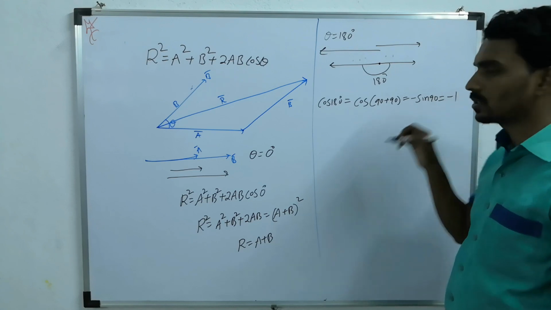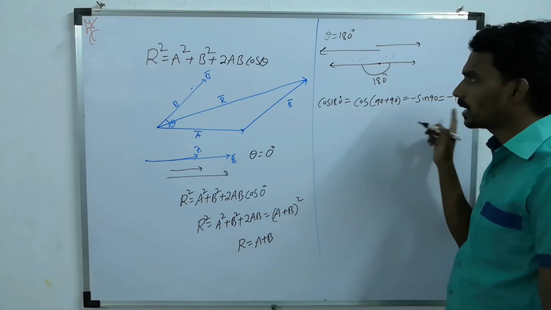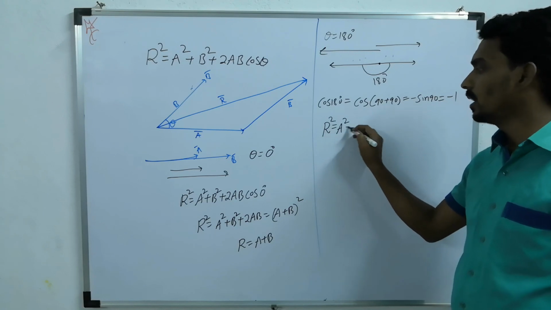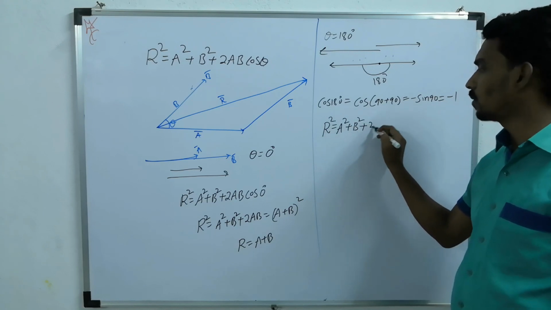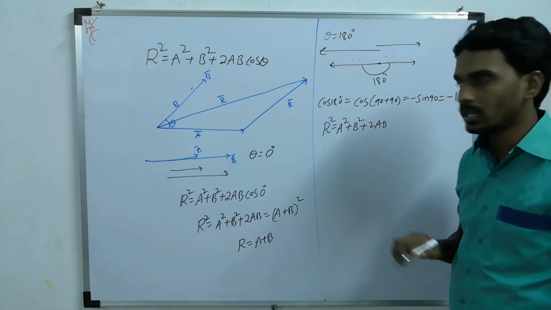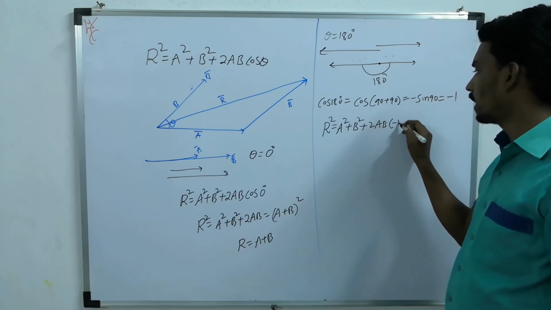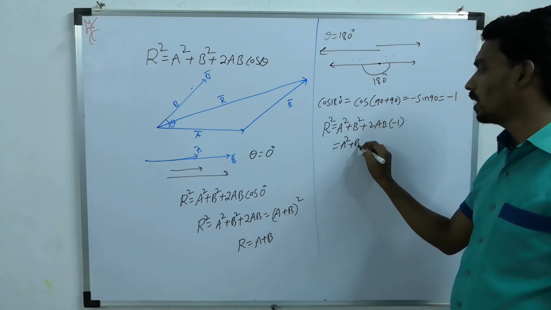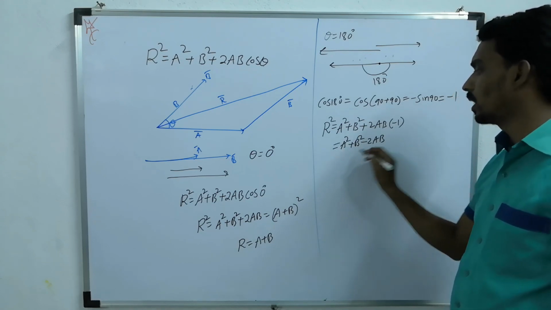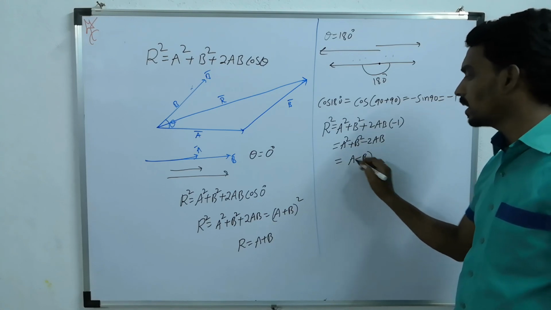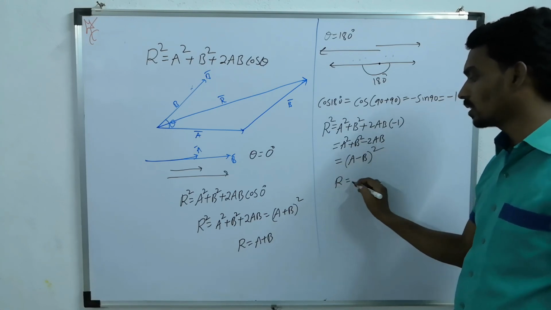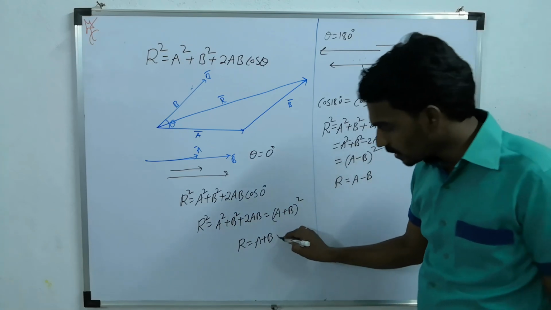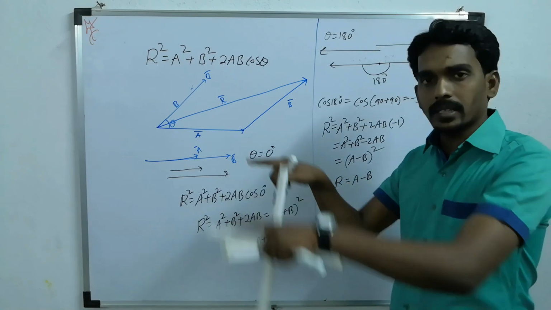Sin 90 is 1, so cos 180 is minus 1. So R square equals A square plus B square plus 2AB cos 180, which is minus 1. So it is nothing but A square plus B square minus 2AB, that is A minus B whole square. So the resultant is A minus B.